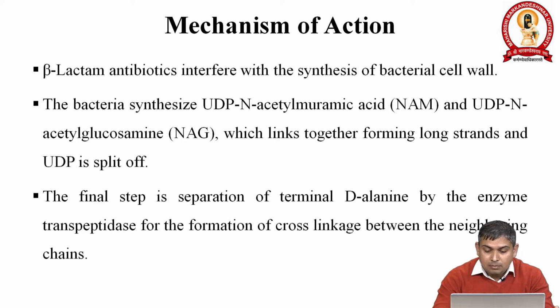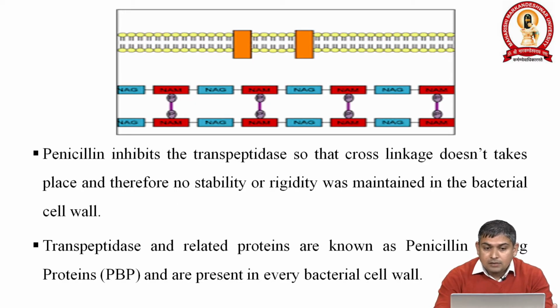between these neighboring chains. In the given figure, it is clearly visible that the chain having NAG and NAM molecules alternately is a part of the bacterial cell wall. The NAG-NAM chains combine parallel to each other by the synthesis of a peptide linkage.